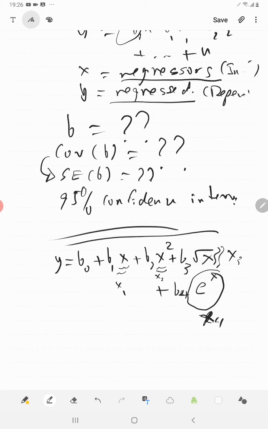You design it with the values x1, x2, x3, x4. And if you have an intercept, you add it once in the beginning. If you don't have an intercept, then it is the same.